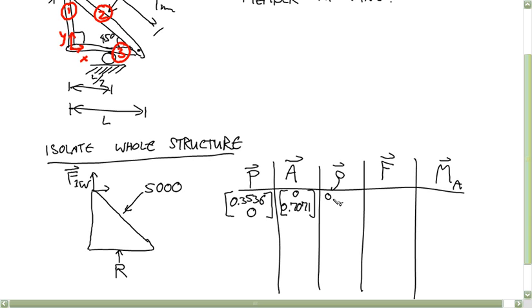So rho is 0.35. That's different than I did it in my notes, but I'll do it this way anyways. And then negative 0.7071. The force is 0, R. And so the moment applied about this point is 0.3536 R.